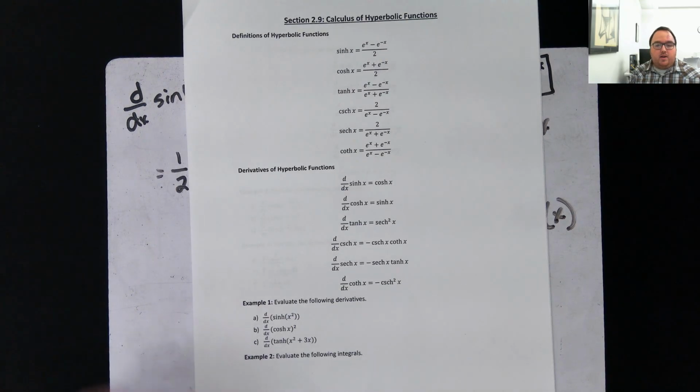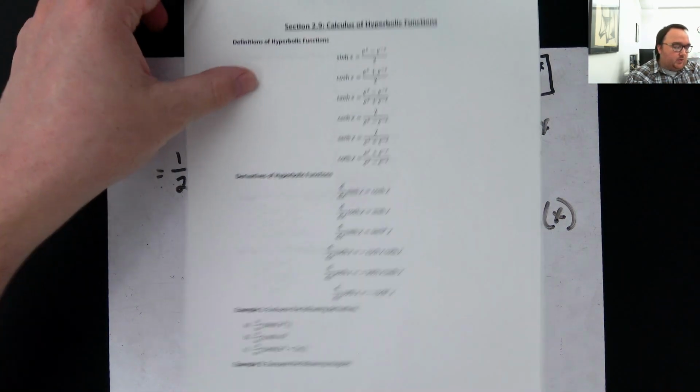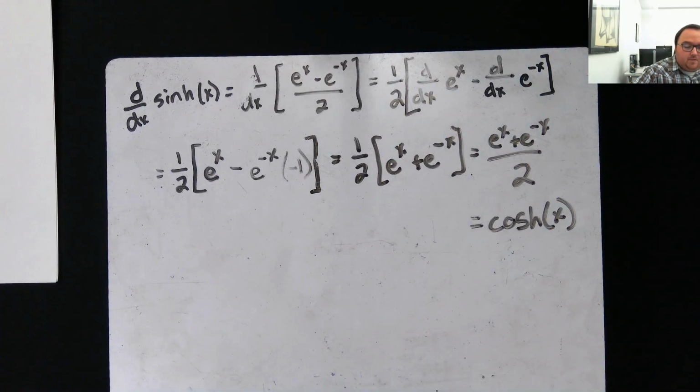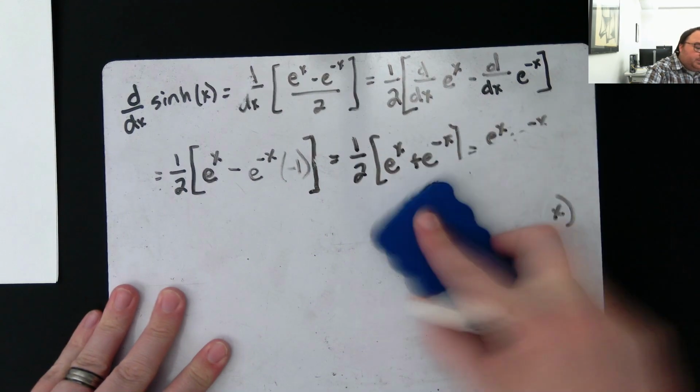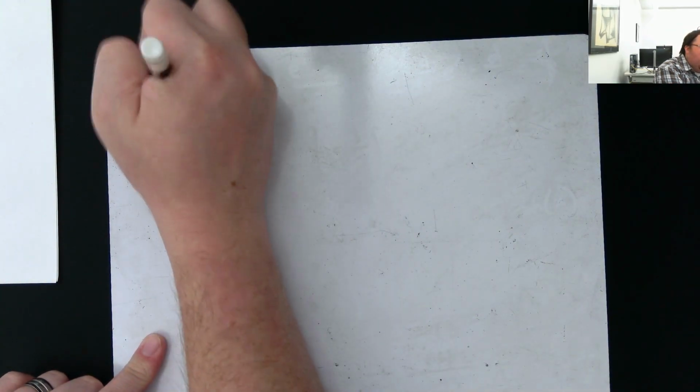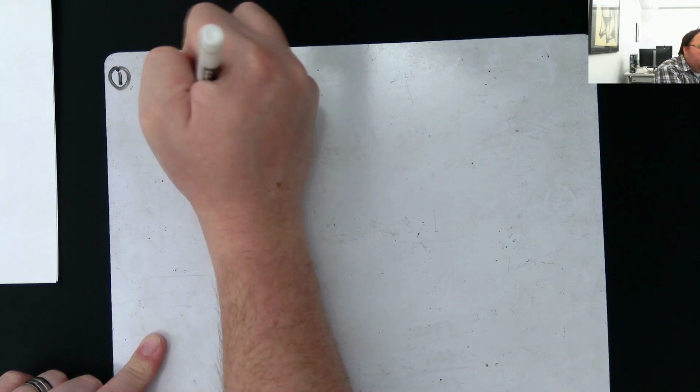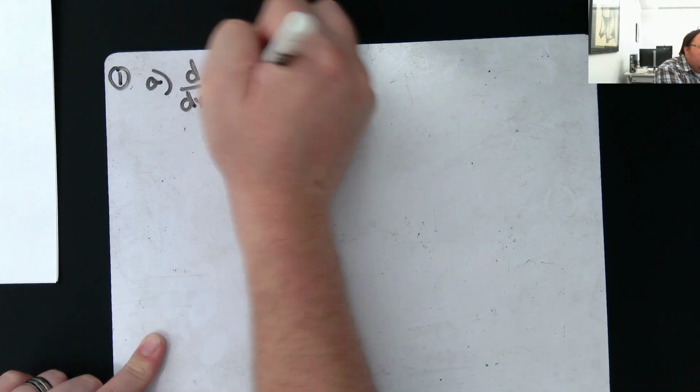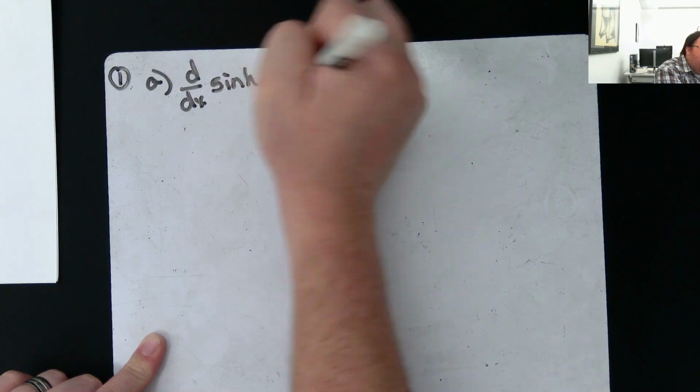Example number 1, evaluate the following derivatives. Part A asks for the derivative of hyperbolic sine of x squared.